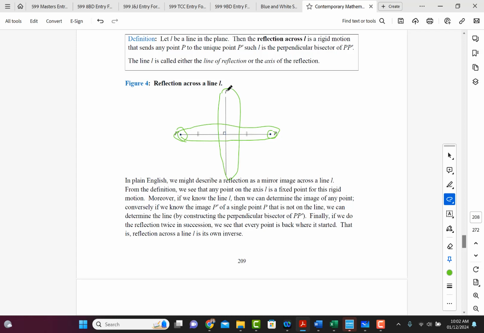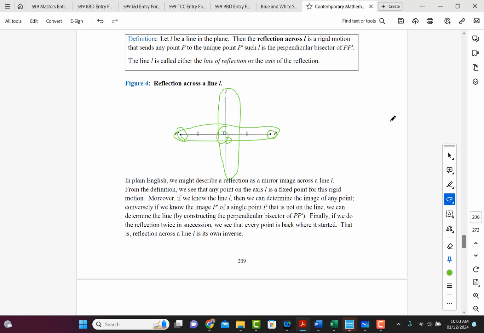So L is the perpendicular bisector. Perpendicular because it forms a right angle, and if we call this O, we can see that line segment OP is congruent to line segment OP prime. So in plain English, we might describe a reflection as a mirror image across a line L.